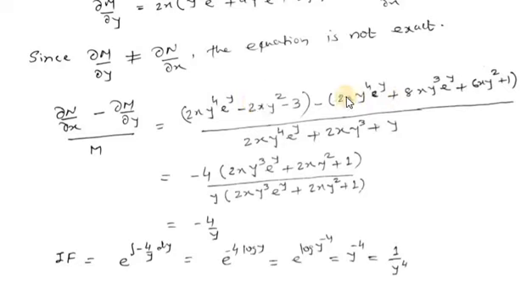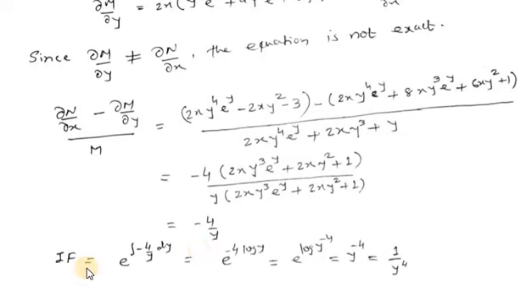After simplification, you will get this result, that is minus 4 into bracket 2xy cube e raised to y plus 2xy square plus 1, and in the denominator we have taken y common. In the bracket we have 2xy cube e raised to y plus 2xy square plus 1, right? So this one term and this one term will cancel out, and the result is minus 4 by y. So this is f of y.